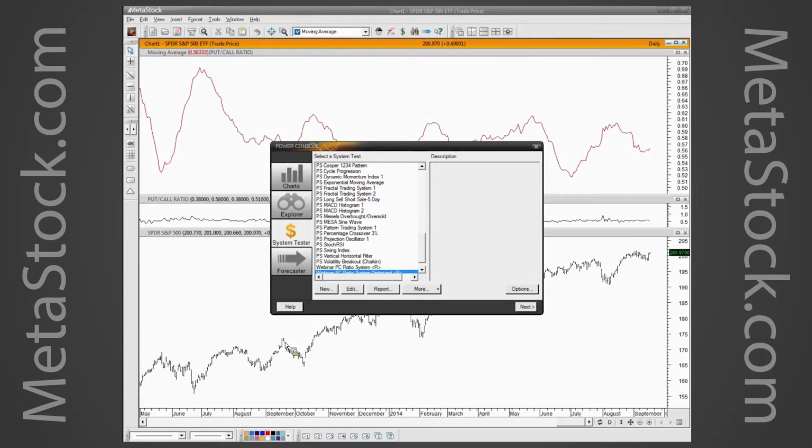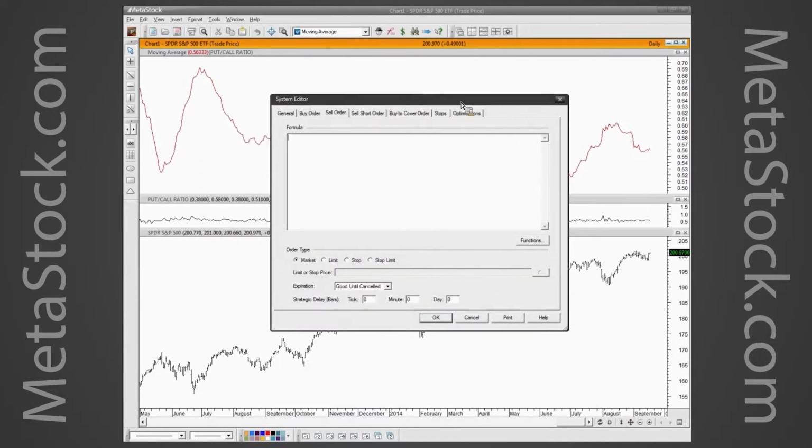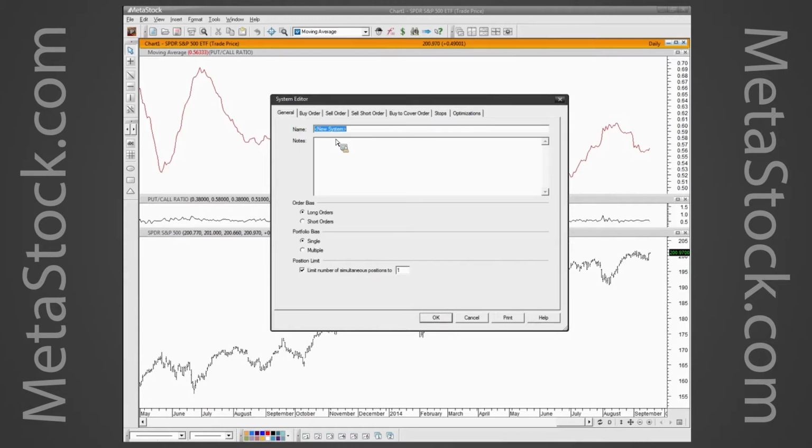And I'm just going to click New to open my system editor. And I'm just going to call this 21-day put call ratio.